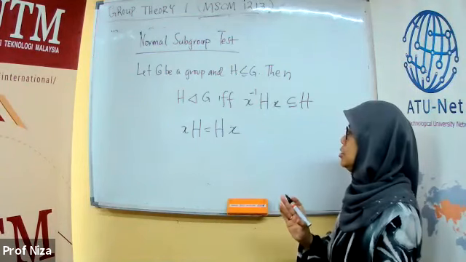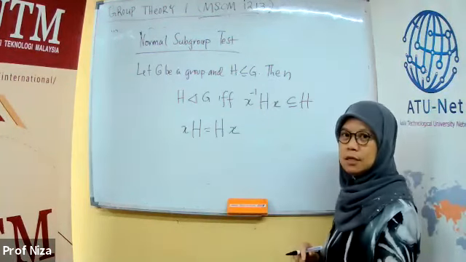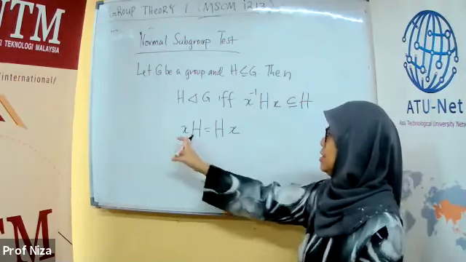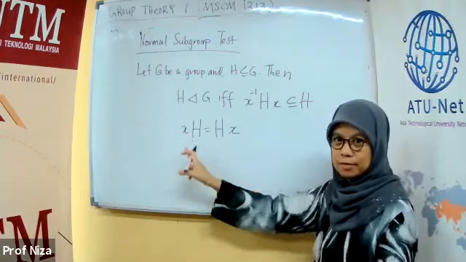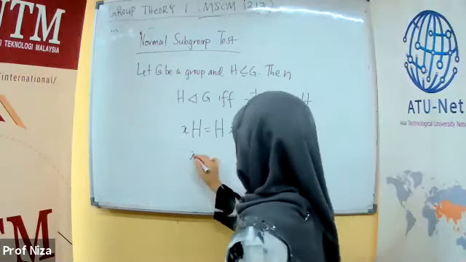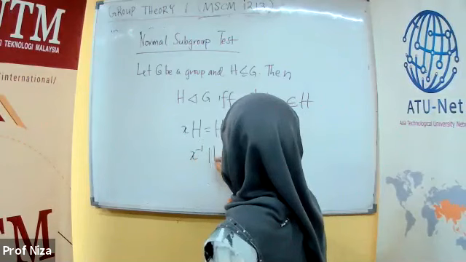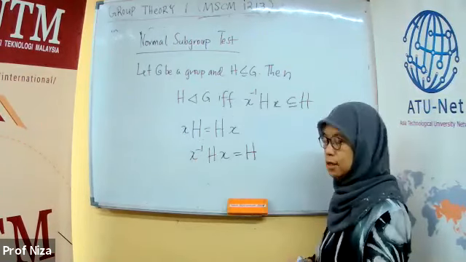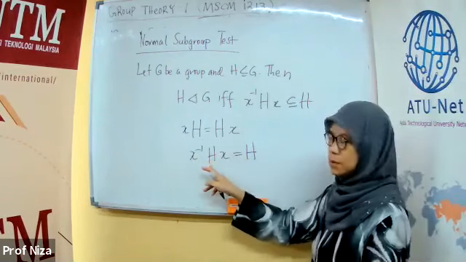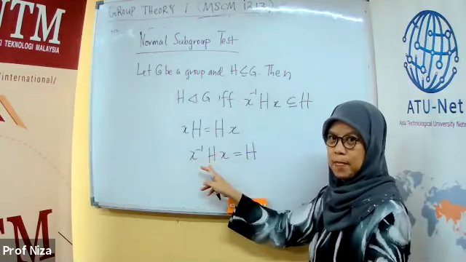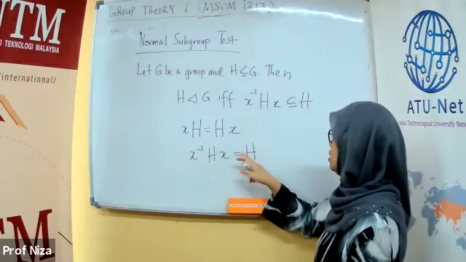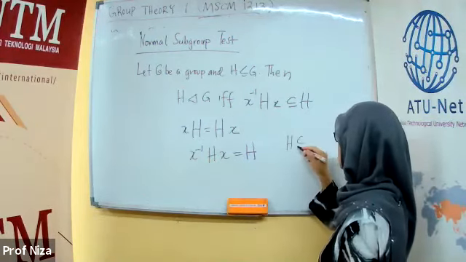Okay, xH is Hx. Now you bring x to the other side. Since this is always a subset of this, we just show it one way. Okay, this is always true.